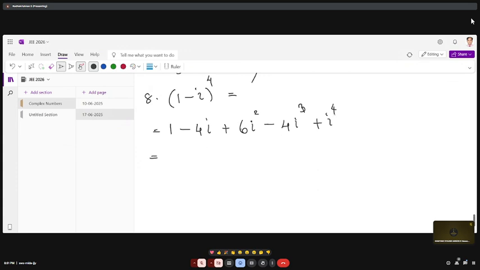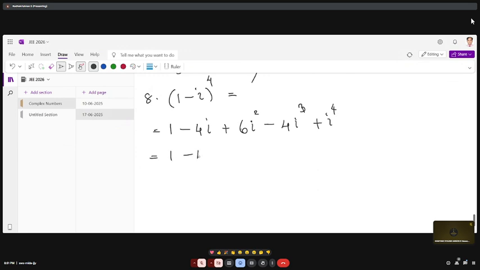It is actually a to the power of n minus nc1 into a to the power of n minus 1 into b to the power of 1. That is a binomial expansion. Second term is nc2. 4c2 is your 6. That's where the 6 is coming. 6 into i square. So now write the values for i square, i cube. We can write in terms of i, right?